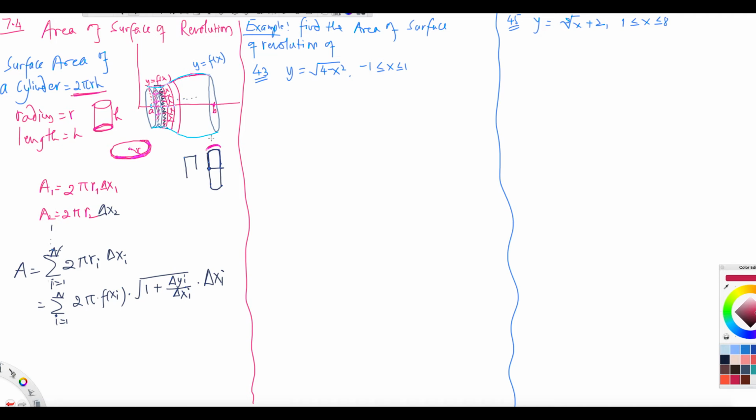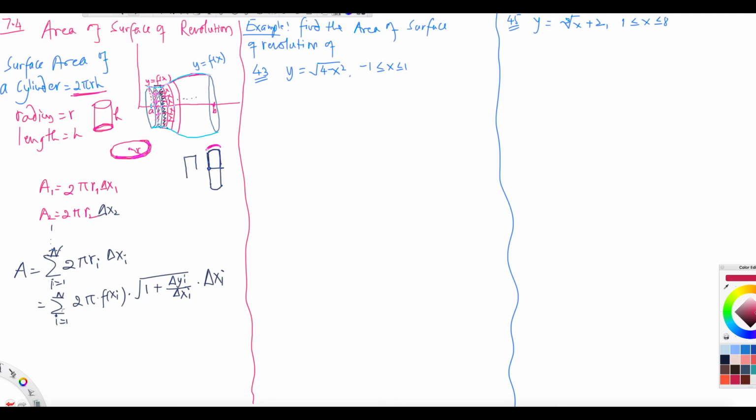Okay guys, now if you take n tends to infinity, that means there are very, very thin discs. At that time, the thickness of the disc tends to 0.